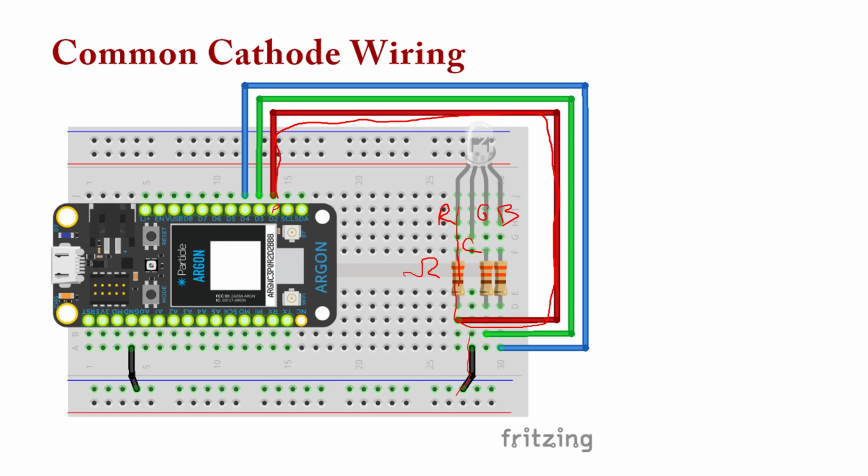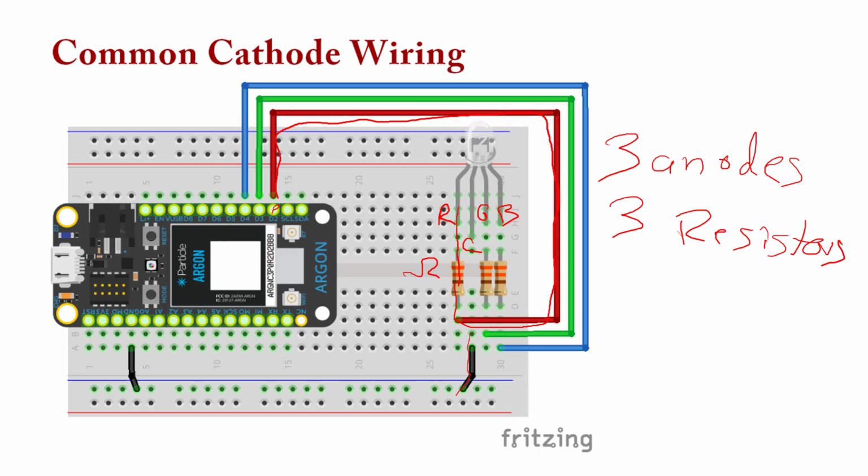Now what's different about this is that we have 3 anodes, which means we have 3 resistors. And on the Argon, this is going to use 3 different input pins.